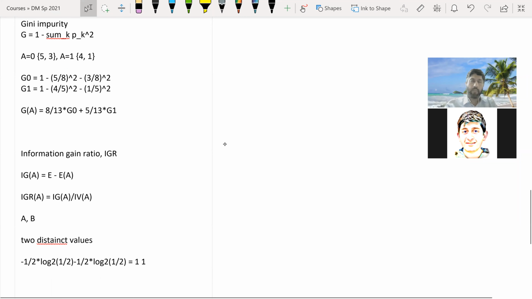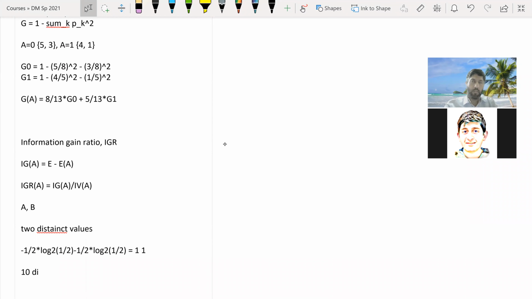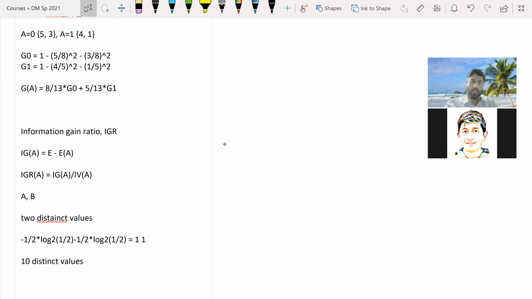But if you have, let's say, 10 values, then of course you will have something like this: 10 into minus 1 over 10 into log 2 of 1 over 10. Okay? So this would be a larger value. I think it would be about 3.3.